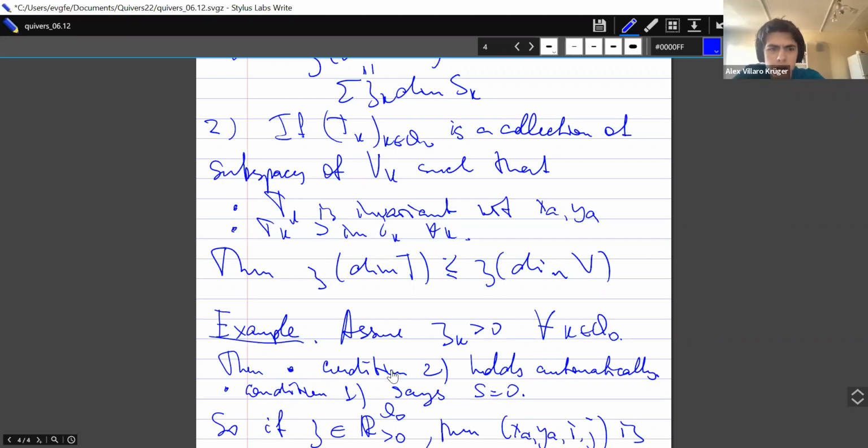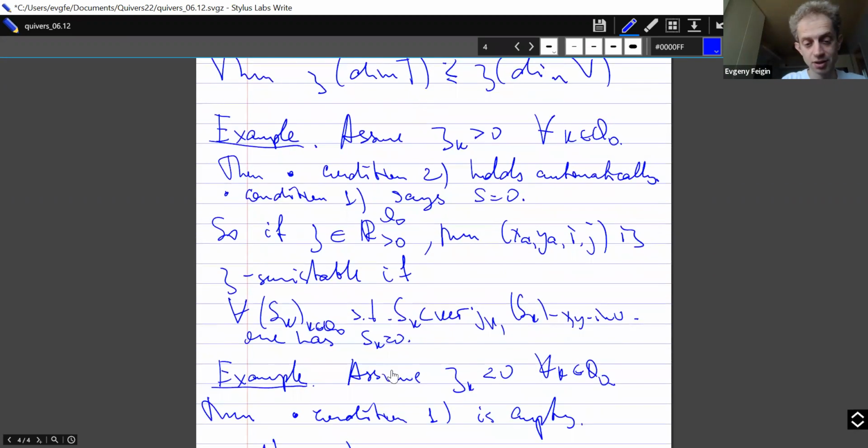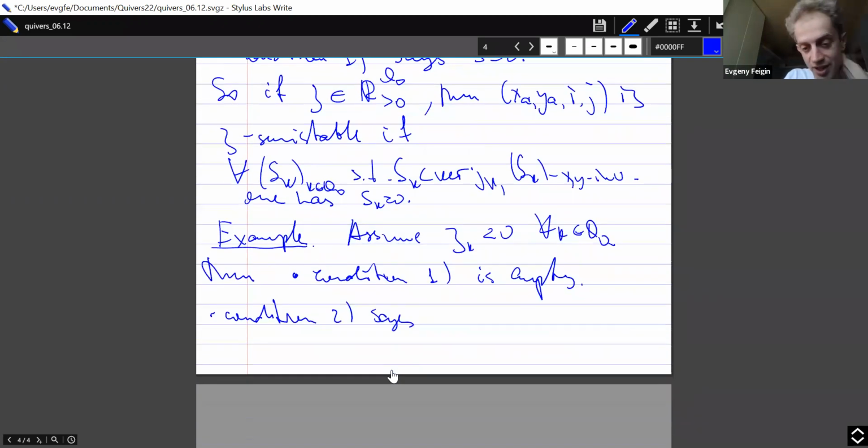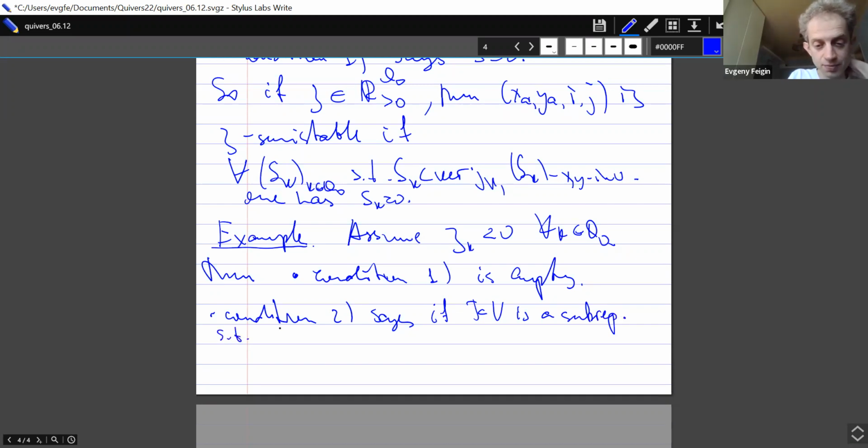So condition 2 says that if T in V is a subrepresentation such that T contains the image of I, then T is the whole thing.